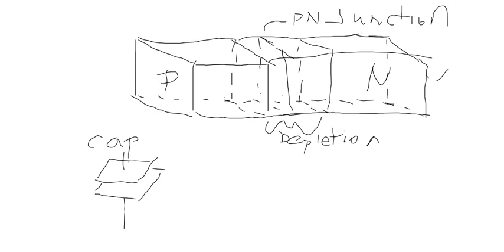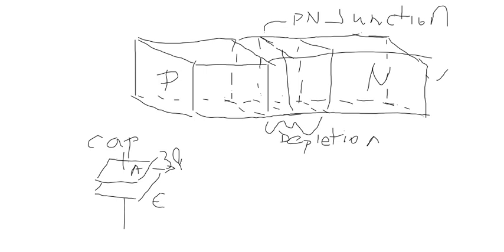Now the plates have an area we'll call A. The separation is a distance we're going to call L. And then the insulator has a property we call the dielectric constant.